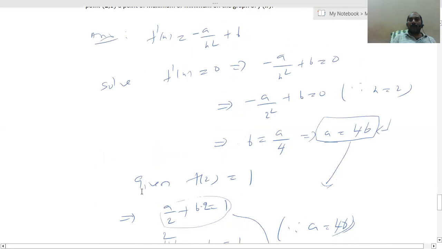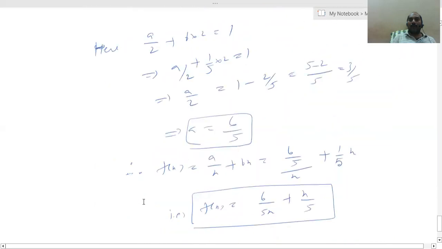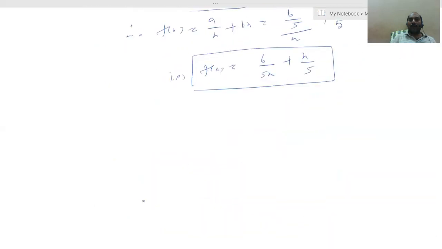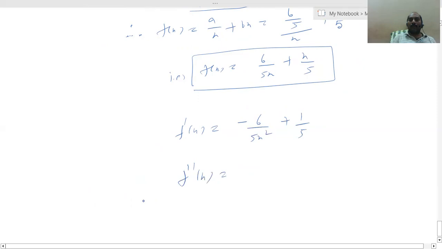That means you find the second derivative and substitute x equal to 2. Now f dash x becomes minus 6 by 5 x square plus 1 by 5. Then f double dash x, because we require f double dash x.